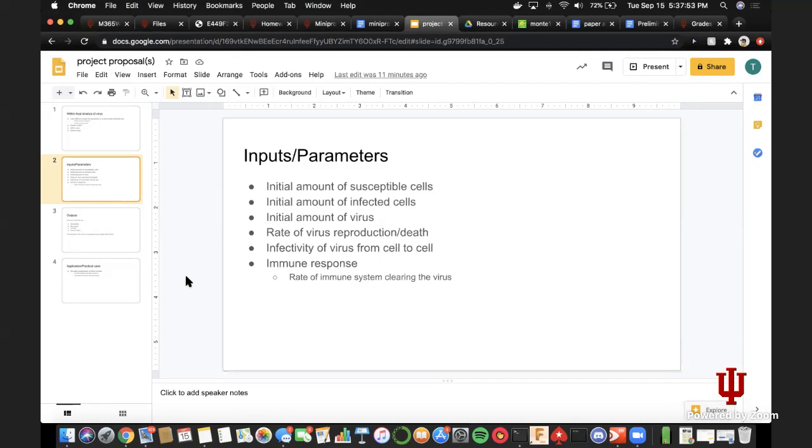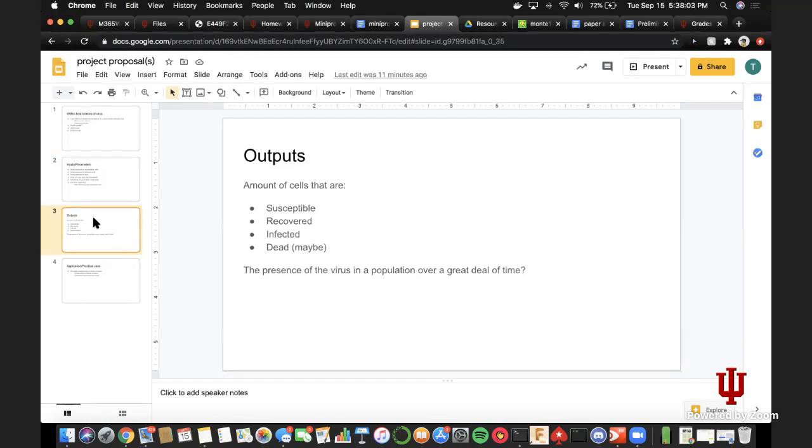And like I mentioned before, the immune response and the rate at which the immune system can clear the virus and natural clearance of the virus and how that affects the infectivity. The output, I am somewhat uncertain, apart from the amount of cells that are susceptible, recovered, or infected. I'm not really sure how the output's supposed to look apart from this.